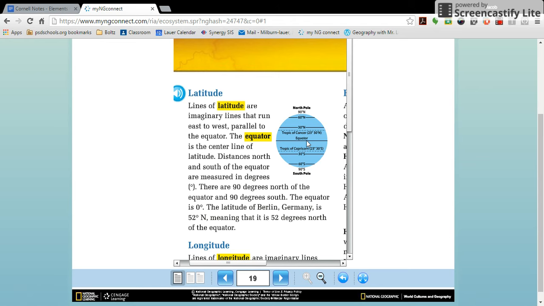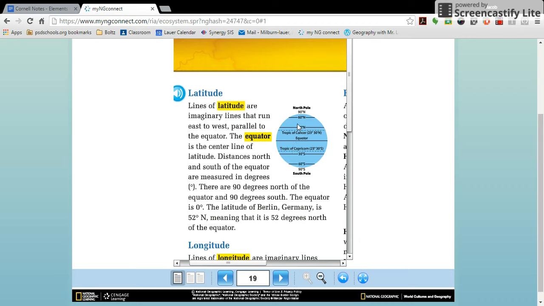The reason this becomes helpful is then we can start to identify places based on their latitude. So for example, Berlin, Germany, we were just looking at a map that had Germany, is 52 degrees north.